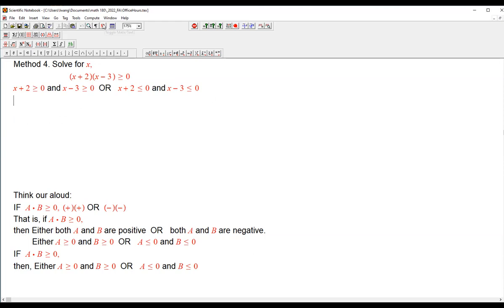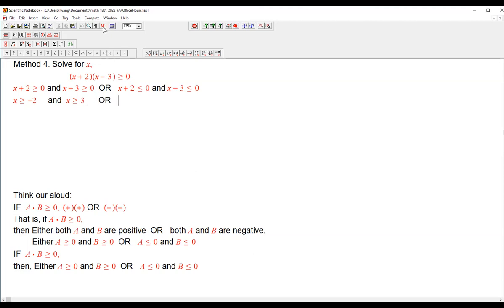So let's continue. From here, we got x greater than or equal to -2, and the other one is x greater than or equal to 3. And of course, we can continue to finish that other part.